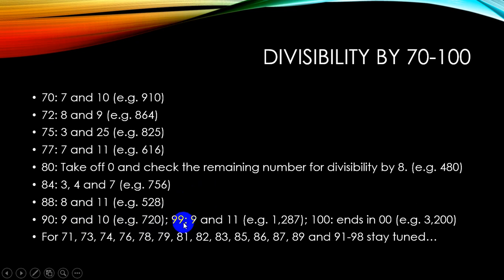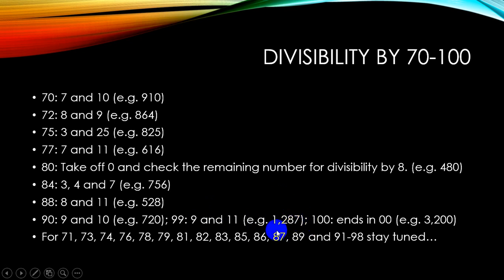And then for 99, you look for 9 and 11. So 1287. Well, you add those digits up and you get 18, a multiple of 9. So check there. Now, this might not be obvious, but if you subtract 7 from 128, you get 121, which is a multiple of 11, 11 squared.